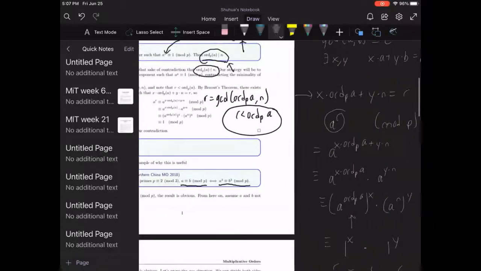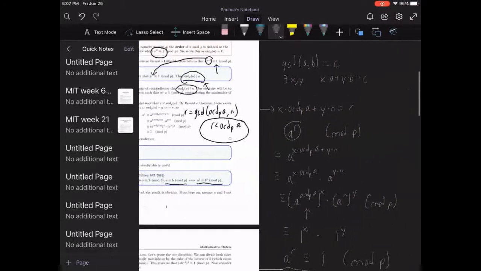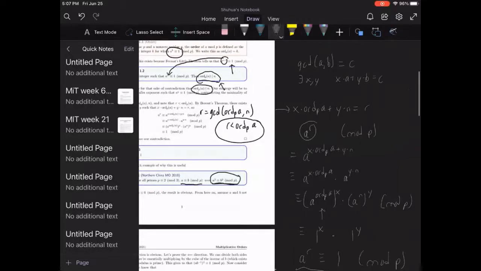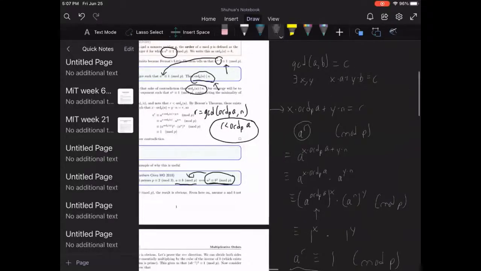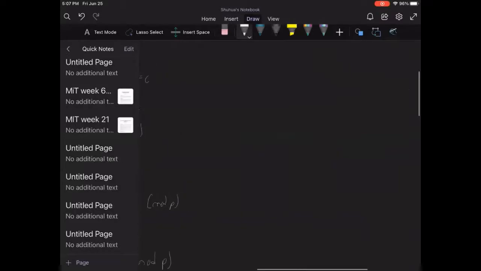The interesting direction is the other one. Let me write that over here: given a cubed congruent to b cubed mod p, where p is congruent to 2 mod 3, prove that a is congruent to b mod p.